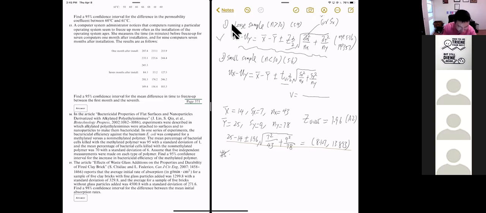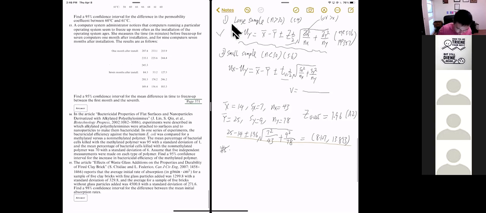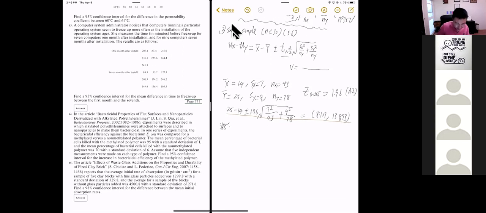In a paper on bacterial properties of flat surface nanoparticles derivatized with alkylated polyethylene, I cannot really pronounce that. An experiment was described in which alkylated polyethylene was attached to the surface and to nanoparticles to make them bactericidal. It's hard to understand what that means.